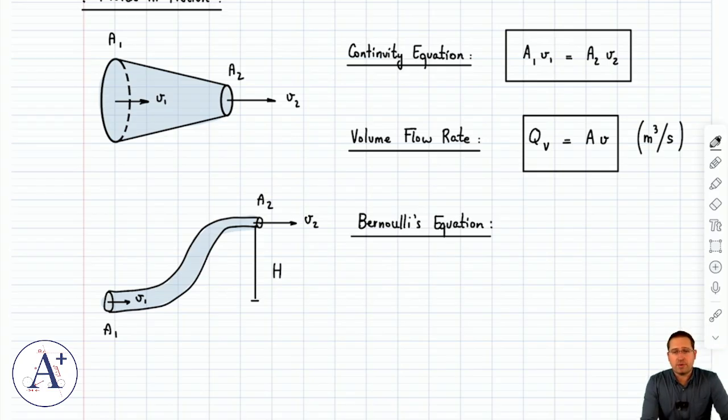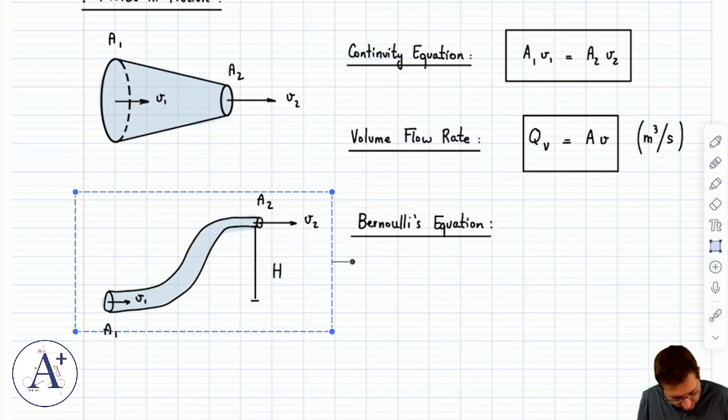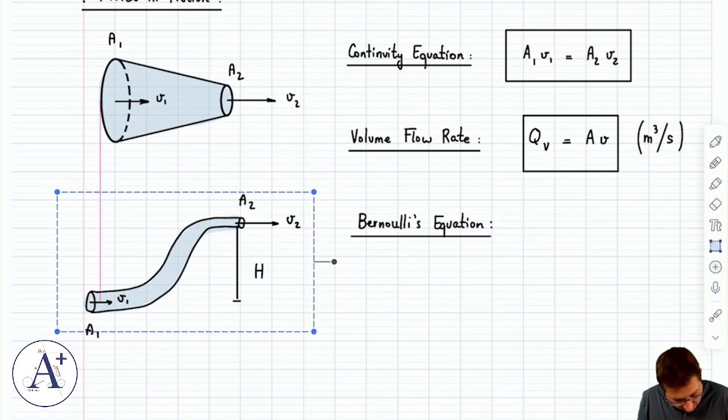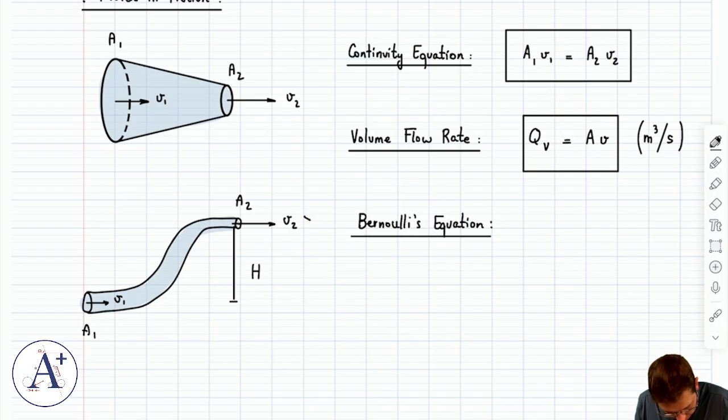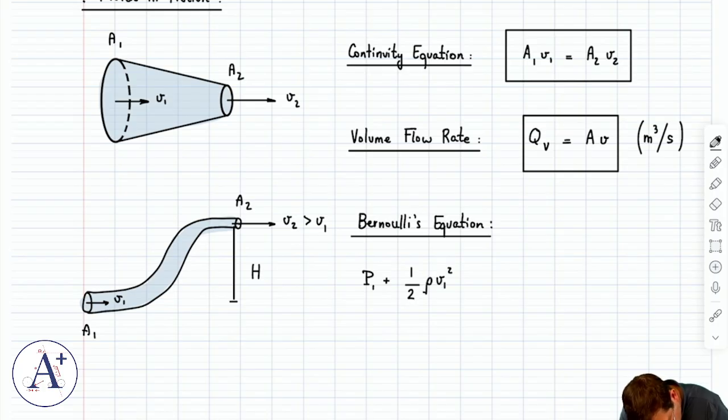And by the way, we know V2, just move this over real quick, V2 should be bigger than V1, yes? Because A2 is smaller than A1. Okay, so even though the fluid went up, now it leaves faster than it came in. Okay, interesting. And so Bernoulli's equation is P1, the pressure at point 1, plus 1/2 rho V1 squared.